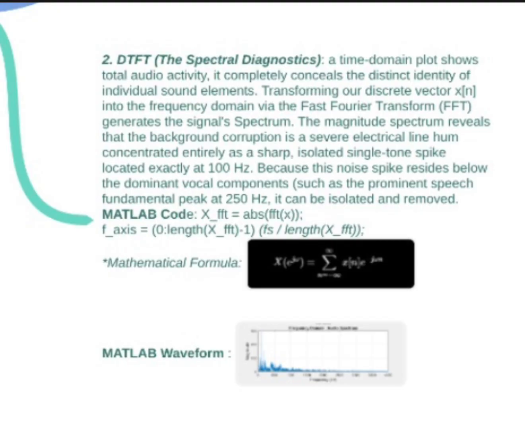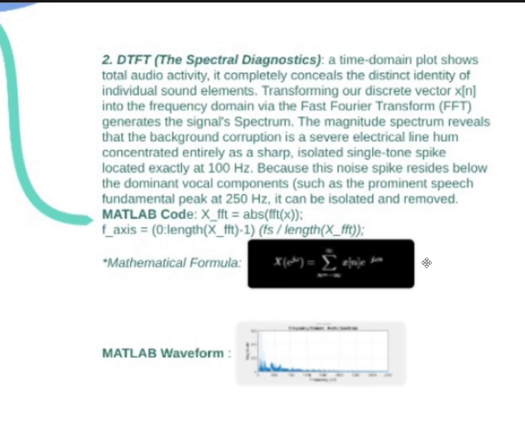To identify the distinct frequency components of the background noise, the discrete sequence undergoes a fast Fourier transformation to compute its magnitude spectrum. This process represents a finite computation of the discrete time Fourier transformation, DTFT, defined by this mathematical formula.